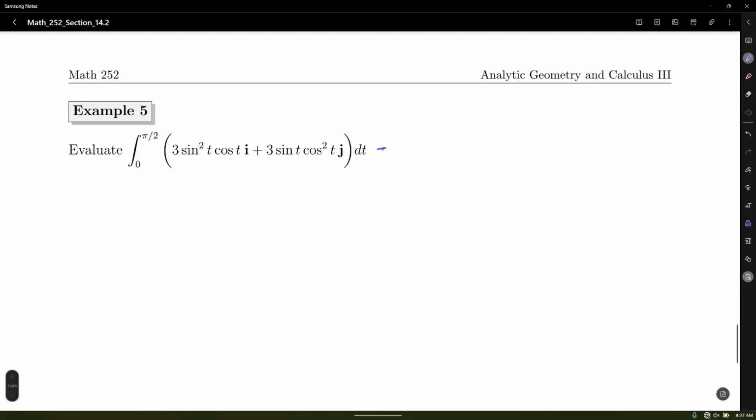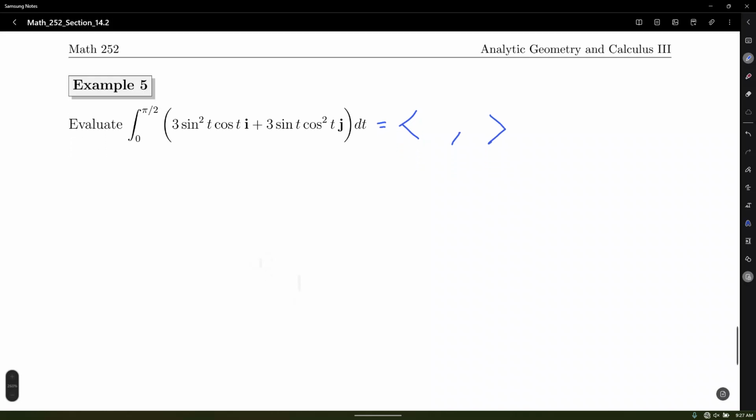Our final answer, yes, it's going to be a vector. However, it's not going to be a variable vector, a vector that involves these huge expressions like what we did in the previous example. It's going to have numerical components because, again, the definite integral is going to output a constant value, all right?